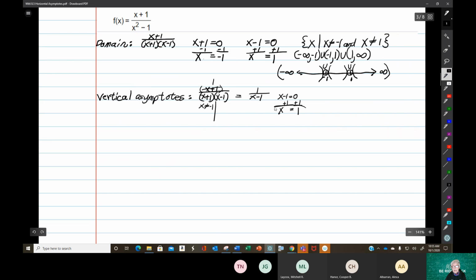This right here is the equation of the only vertical asymptote you have. This is the equation of the vertical asymptote, VA.